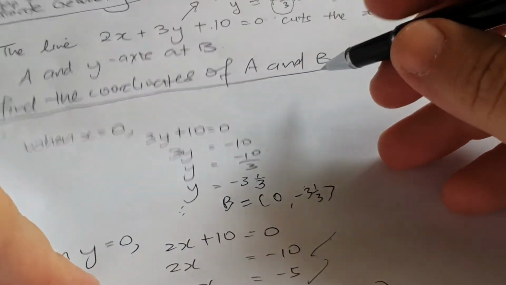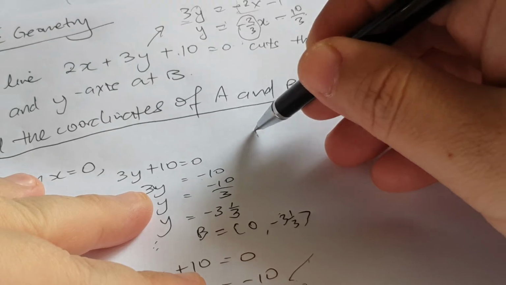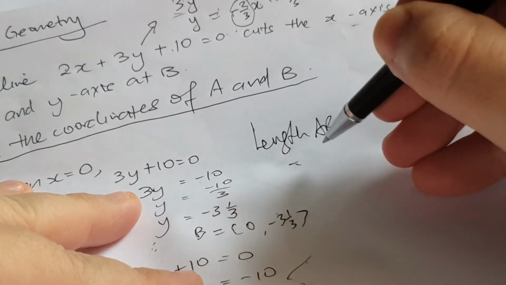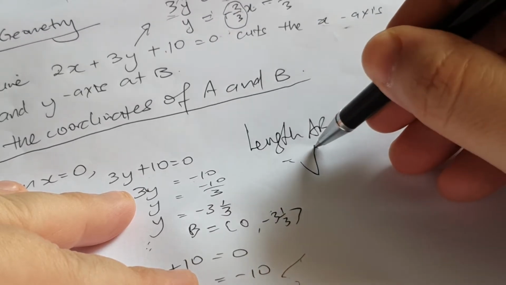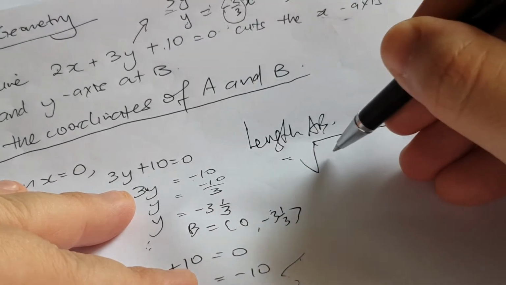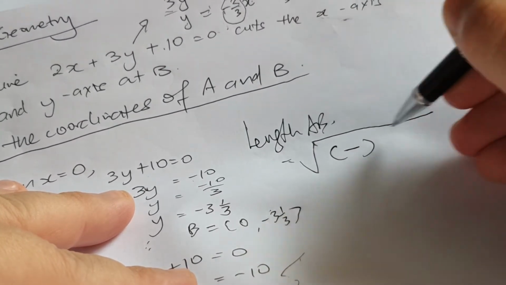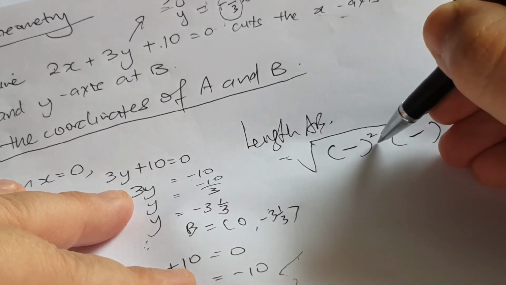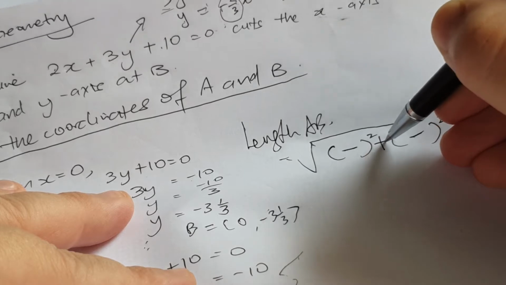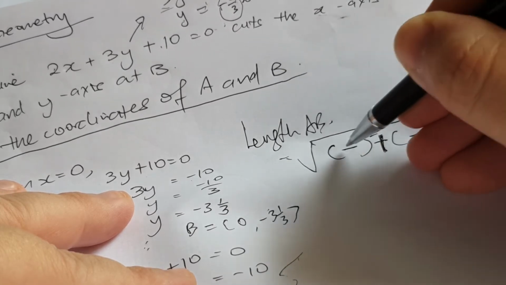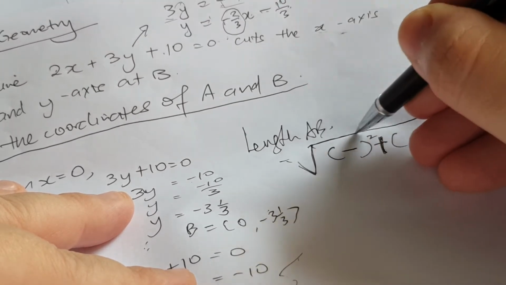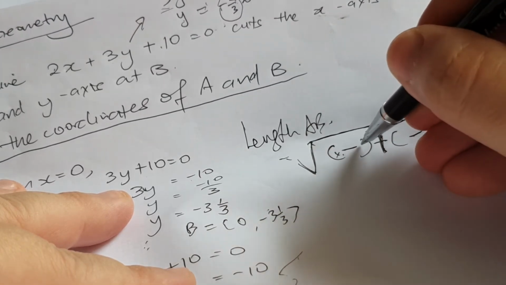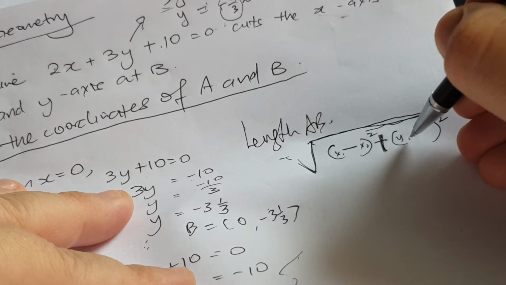Before I move to the next part, if the question asks you to find the length of AB, how do you do that? Very simple. Remember this? You have the double eyelid, the eyes, the nose, the nose must have this bridge, and then this is your saluting sign. Then the x one side, the y one side.